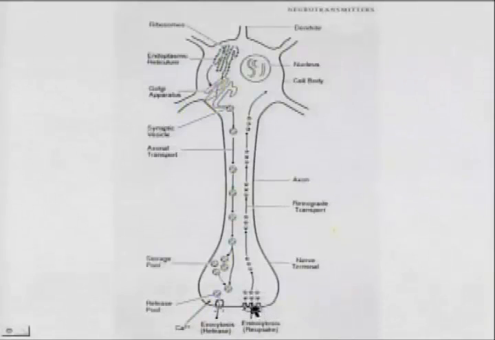This slide is showing reuptake through endocytosis. This has been demonstrated to occur with some peptides, but is not the mechanism for uptake and removal of the classical neurotransmitters from the synapse. But this does occur in all neurons.